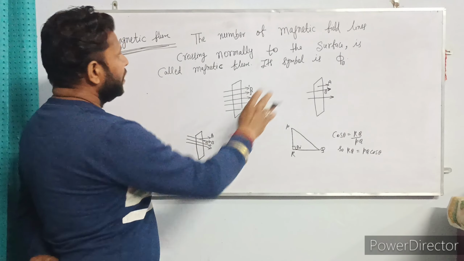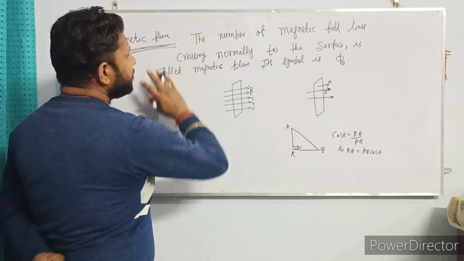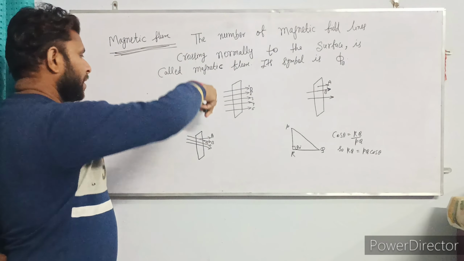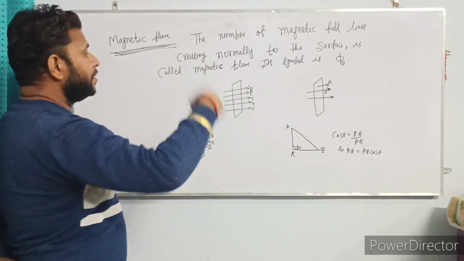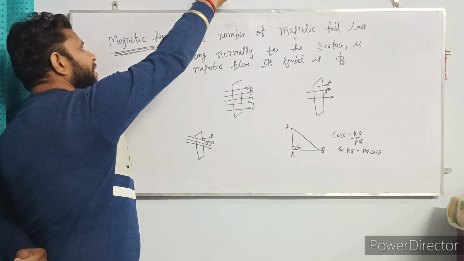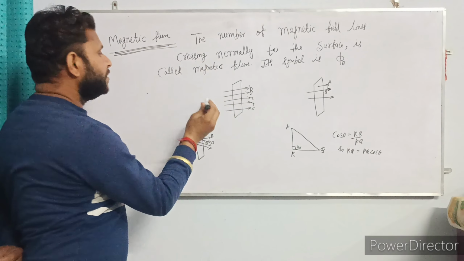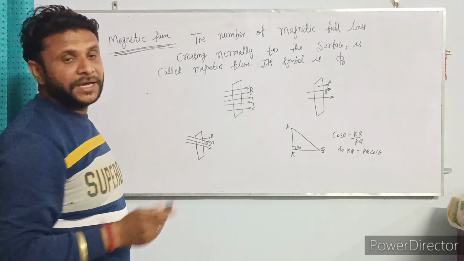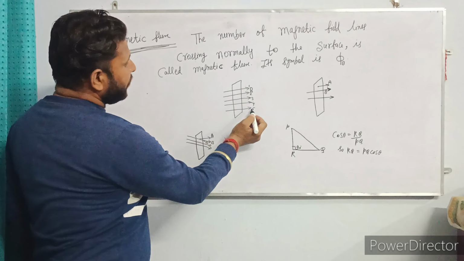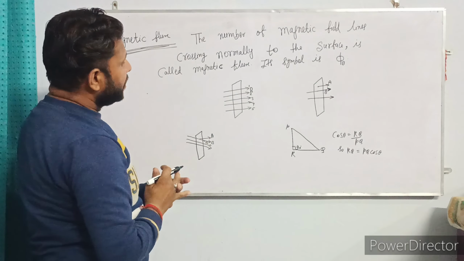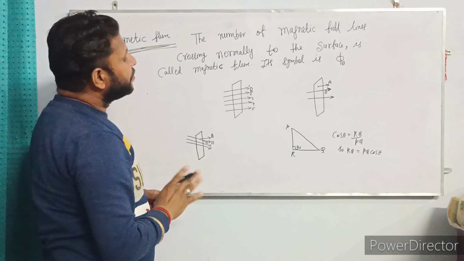As we know, suppose this is a plane surface, then its area vector is along this direction and also in the opposite direction. If I enter here, then this direction and this direction, both directions. So here 5 magnetic field lines are coming out of the surface.